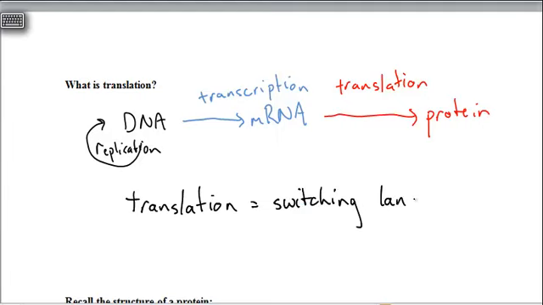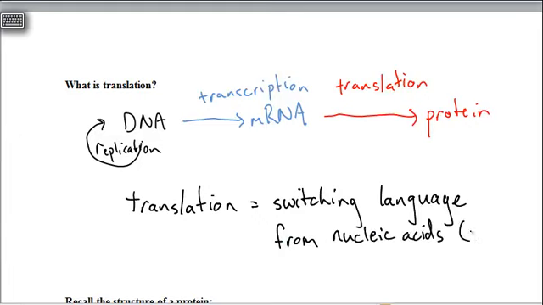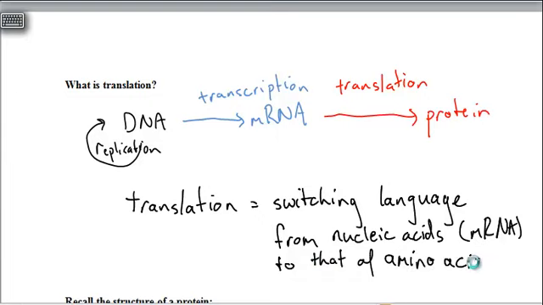So we're switching from the language of nucleic acids, in particular mRNA, to that of amino acids to make a protein.